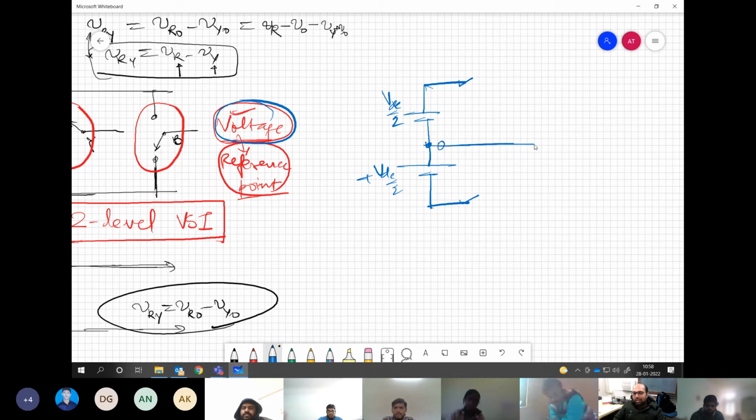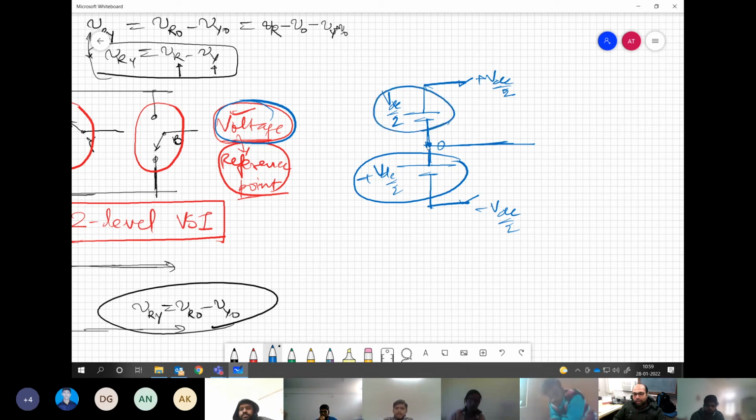When you say this is 0, then this is becoming plus VDC by 2. When you say this is 0, then this is becoming minus VDC by 2. You have connected the positive of this and negative of this together. Your reference point for both measurements is one place, negative terminal, another place, positive terminal. So it's only potential difference that we talk about. We can never have any absolute potential value.